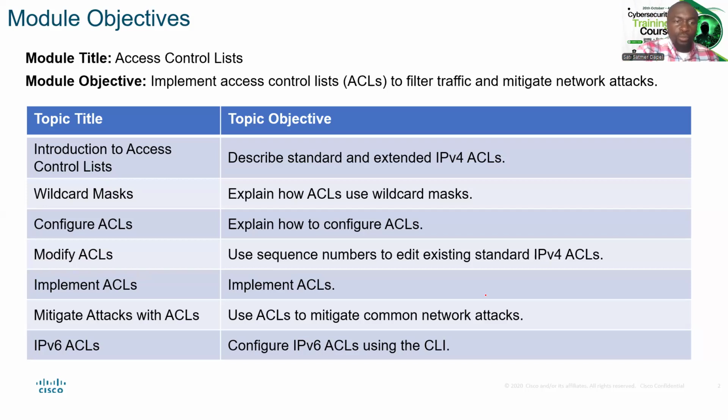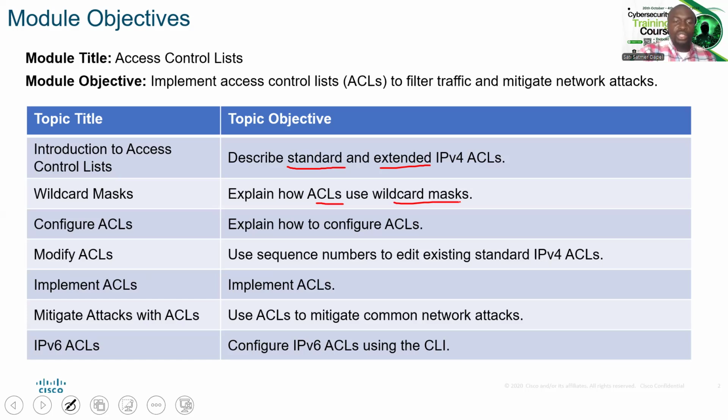We're going to be introducing the access list, and we'll describe the two types, what we call the standard and the extended. Then we will talk about the concept of the wildcard mask, and we will explain how access lists use wildcard masks.